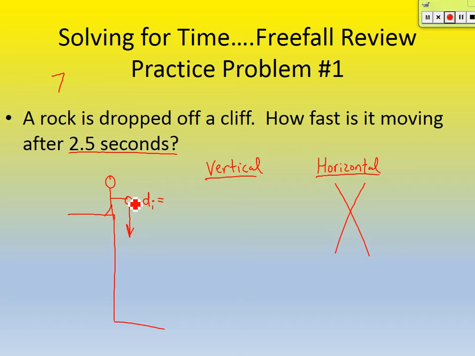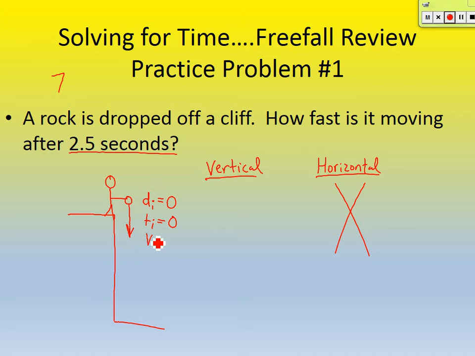That point at which you release it, we're going to call 0, because there is no displacement. It hasn't traveled any distance yet. Okay, there's one variable. Let's go to another one. Time initial. Time initial is 0, and it will usually be 0 unless the problem tells you to start at a different time point. But we're going to start with time equal to 0 right here. Right as you release it, time is 0.